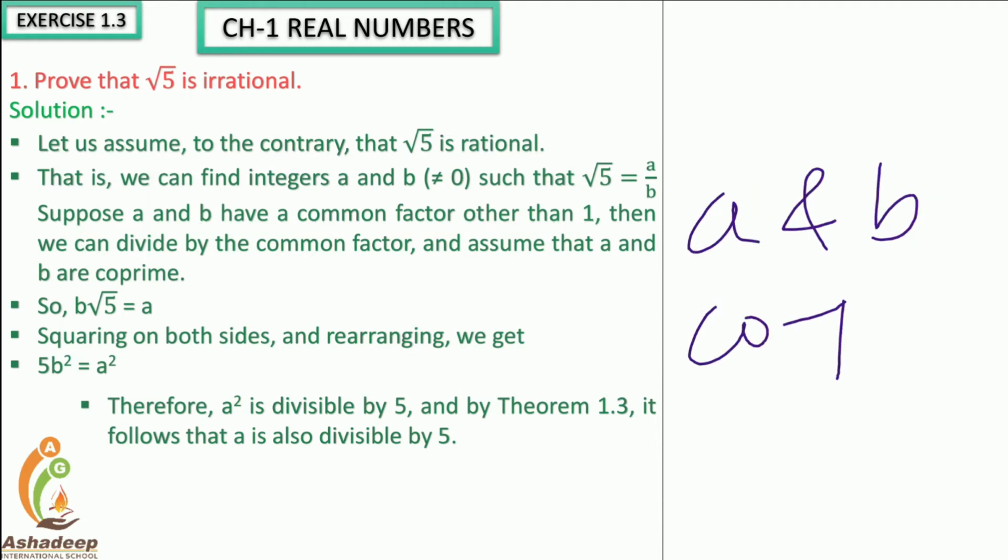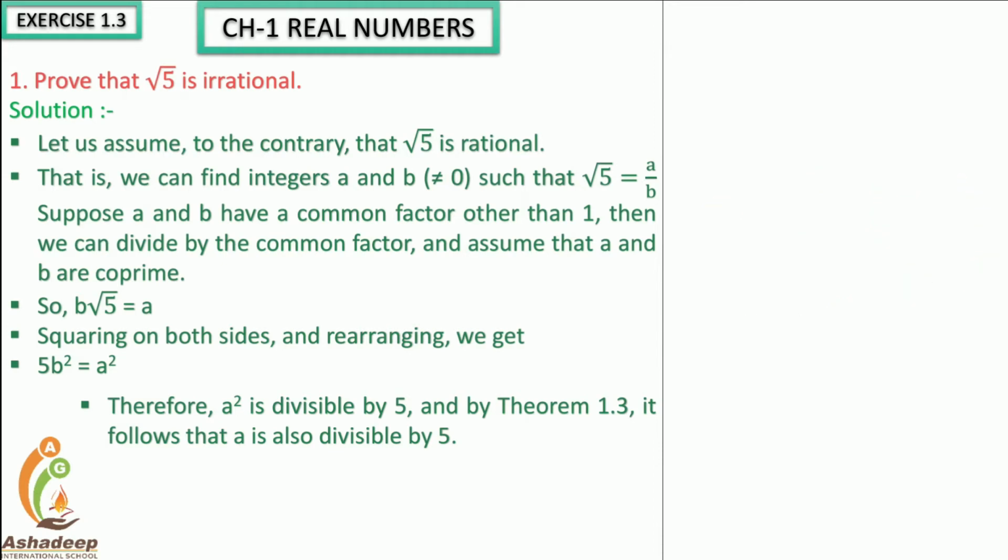Then we can divide out the common factor and assume that a and b are co-prime numbers. So b from the denominator goes into the numerator. Squaring on both the sides, we get 5b square is equal to a square. Therefore a square is divisible by 5. From theorem 1.3, it follows that a is also divisible by 5. So these are the statements you need to remember.